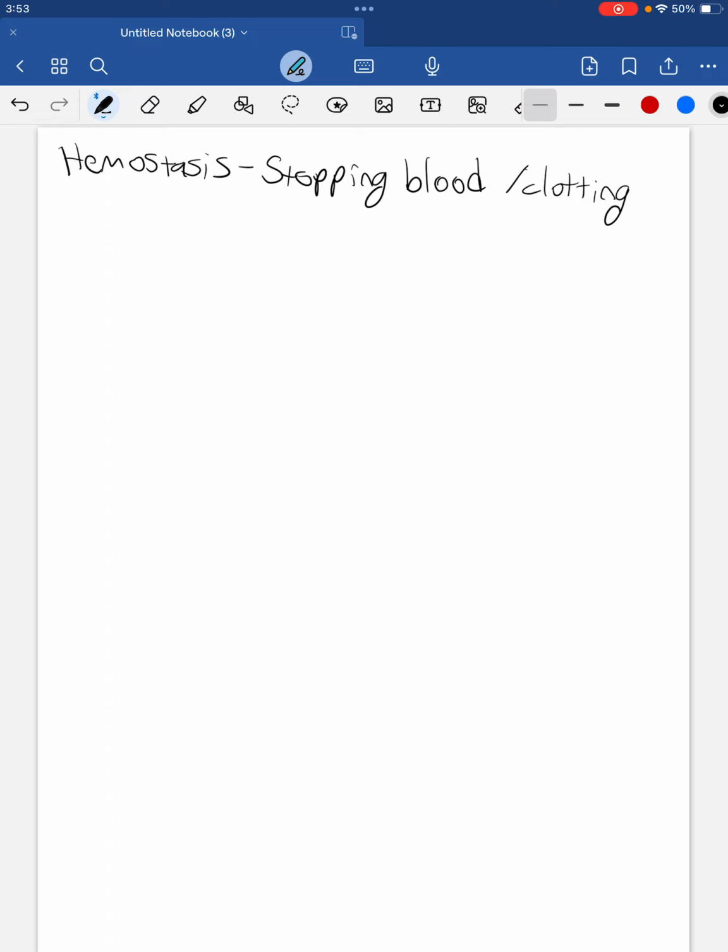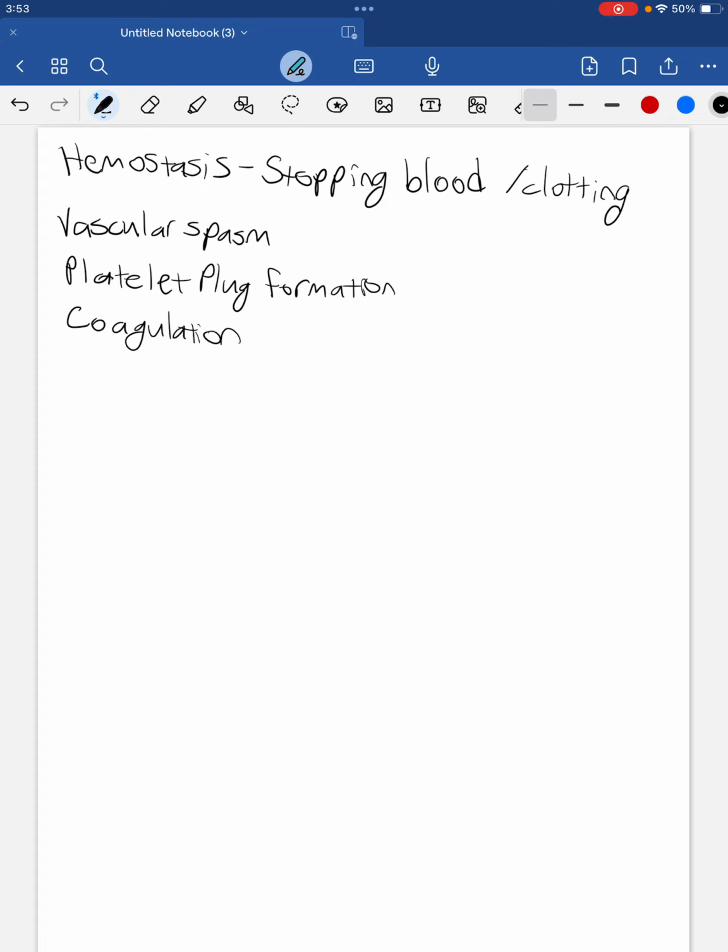process. Okay, so we have vascular spasm, platelet plug formation, coagulation, which is blood clotting, then we have clot retraction, and then fibrinolysis.